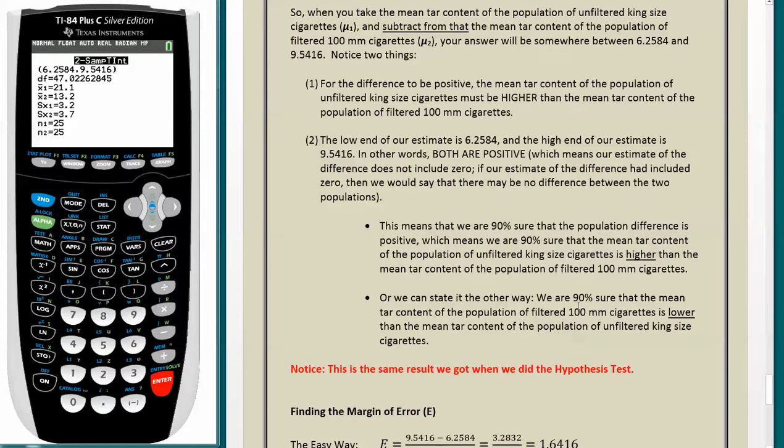Or we can state it the other way. We are 90% sure that the mean tar content of the population of filtered 100 millimeter cigarettes is lower than the mean tar content of the population of unfiltered king-size cigarettes. Two different ways of saying exactly the same thing. And notice, this is the same result we got when we did the hypothesis test.